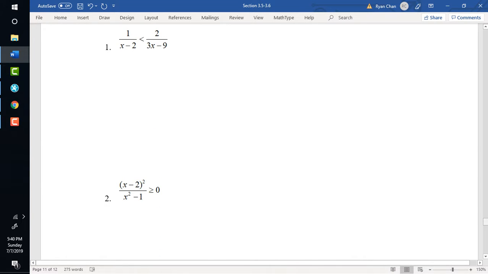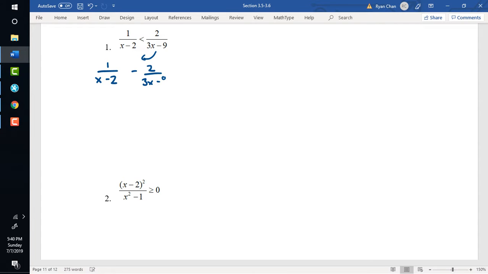So same thing, I'm going to move everything to one side so that I have just 0 by itself. So I'm going to subtract this, I'm going to move this over to the left. Because it's a fraction, it actually doesn't matter which way you go about things. But if it's a polynomial, you want to figure out which degree is higher, and that one, remember, must stay positive.